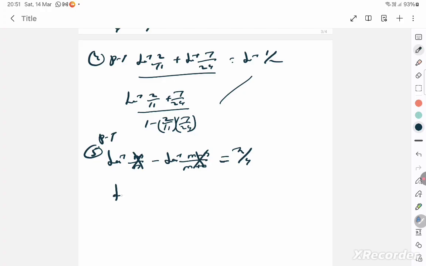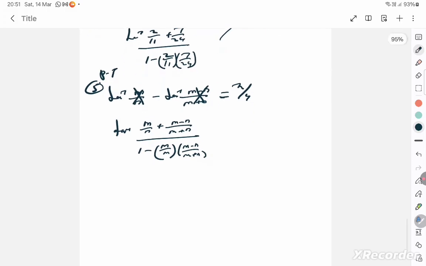Okay, so tan inverse of m by n plus m minus n by m plus n by 1 minus m by n into m minus n by m plus n. Just solve this. Tan inverse of LCM will be n into m plus n. So it's m square plus mn plus nm minus n square.